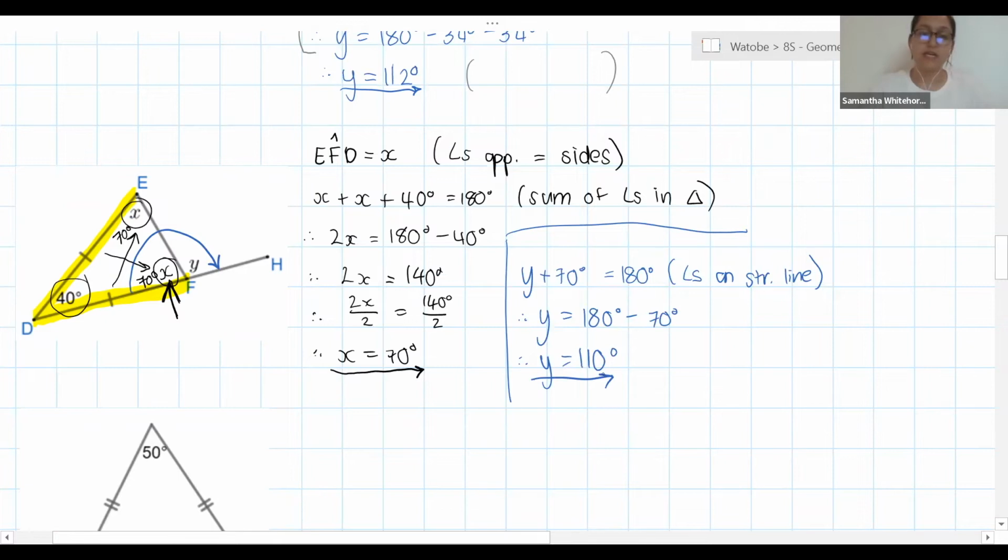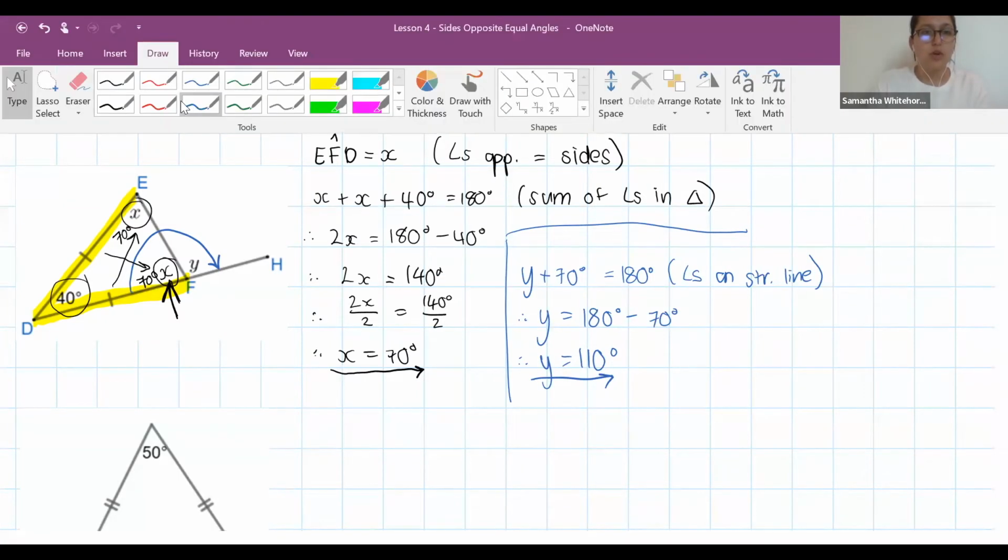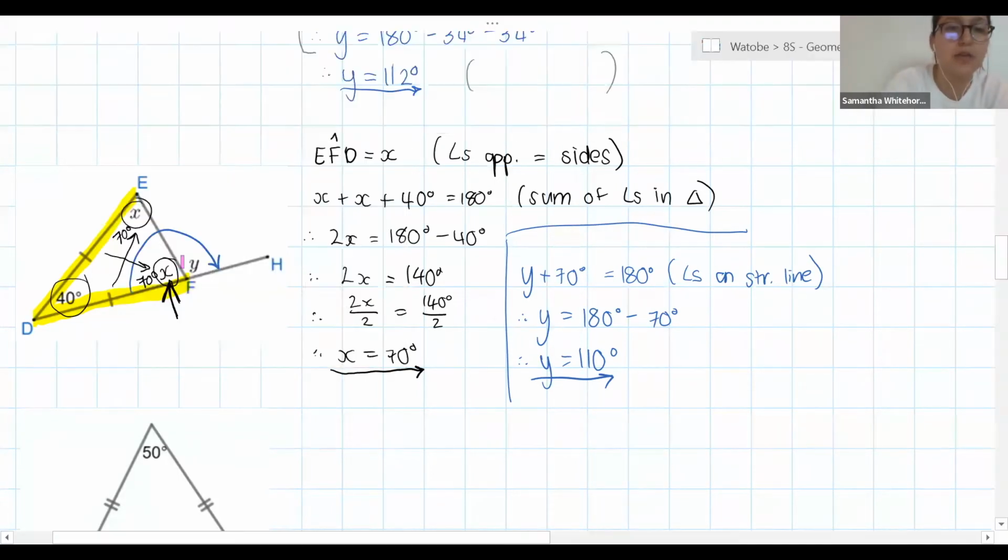It will give you exactly the same answer. Remember, exterior angles of a triangle, what you would then do is say, y is the exterior angle to the triangle, so we need to add together the two opposite interior angles. And because you know that x is 70, you'd be adding together 40 and 70, which still gives you 110.